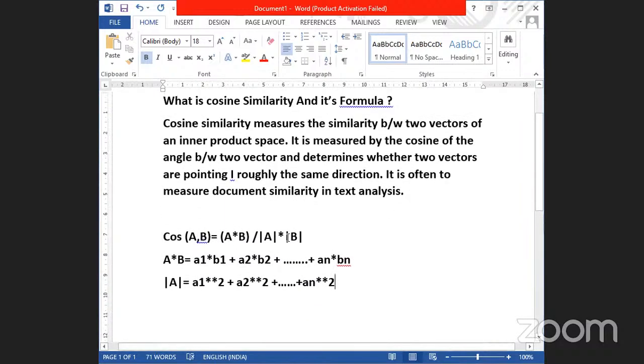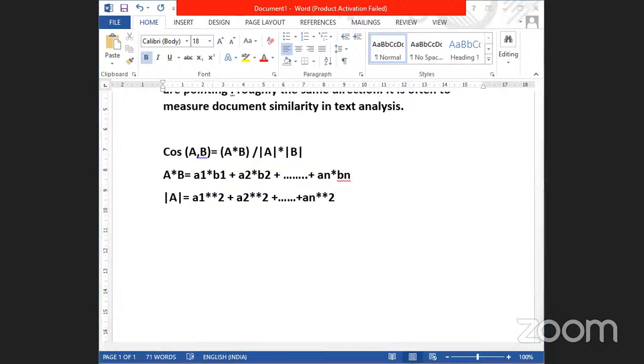The B will be basically the same. This is the formula.